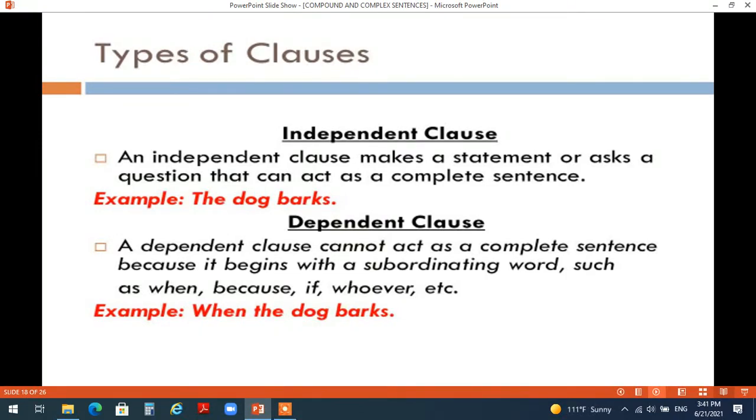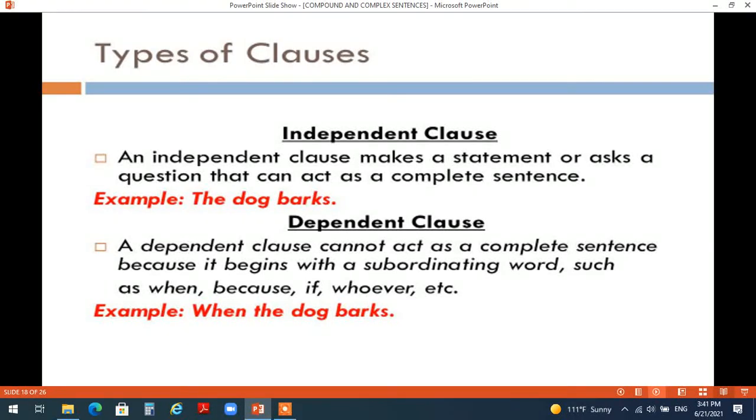So an independent clause makes a statement or asks a question that can act as a complete sentence. إذا العبارة الفعلية المستقلة هي عبارة يعني مثبتة أو خبرية أو تطرح سؤالا معينا، وممكن أن تستخدم كجملة كاملة المعنى وجملة مستقلة. For example, the dog barks. This is a simple sentence and it consists of an independent clause.